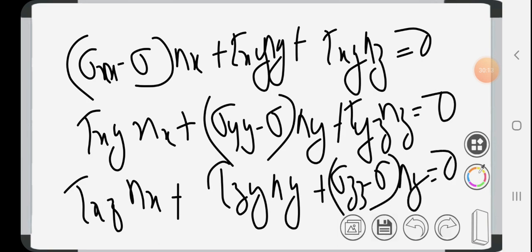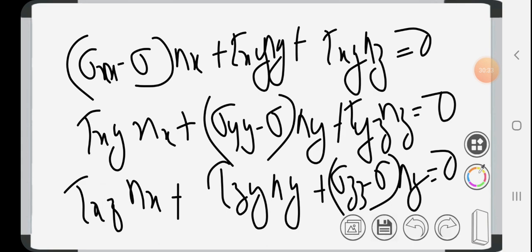So you will get this equation. So what is our aim? We might be knowing all this.